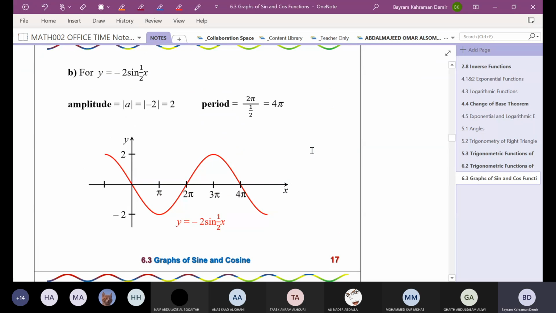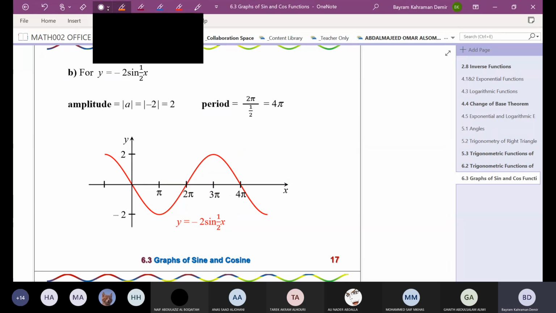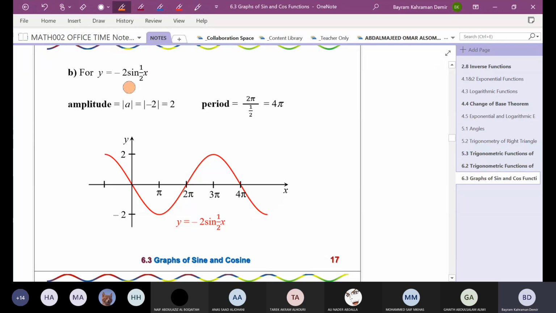And now in this one, let's see, everybody, it is clearly negative 2 sine of half x. So the amplitude will be the absolute value of negative 2, which is positive 2. The period is 2 pi divided by half, as you see, Shabab, which is 4 pi.